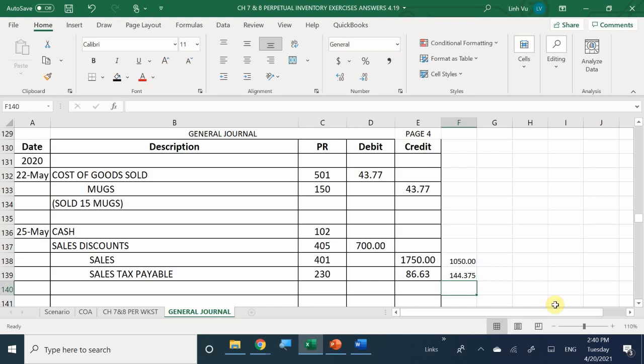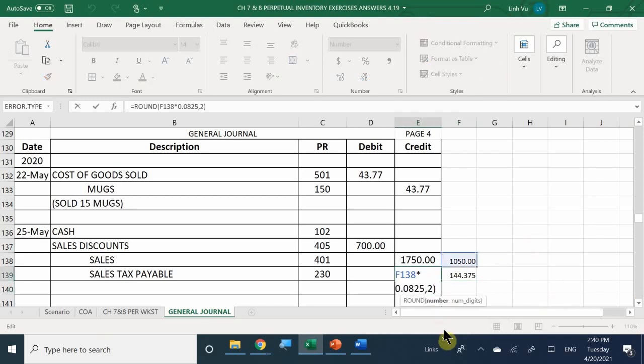Right? Can you go over that equation? Which one? For the sales tax payable? Yes, I did it equal round. And you could actually type in the 1050 if you'd like. Can you help me with the formula for the sales tax?